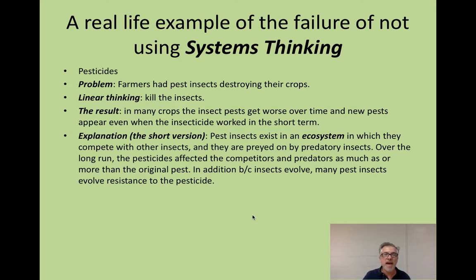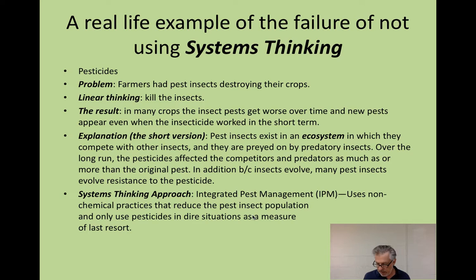So they're going to grow even faster. Another thing is that insects can evolve, and therefore many pest insects quickly evolve resistance to the pesticide. So that's why insecticides don't work as a long-term strategy.